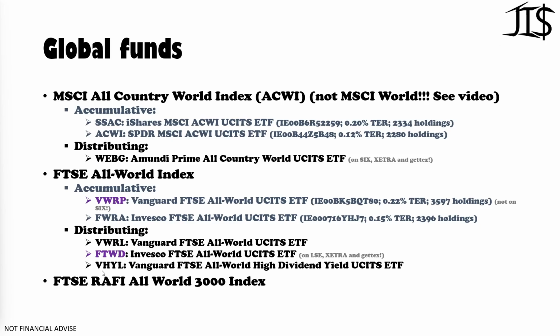And then you also have VHYL, well known on this channel because that's an ETF that my wife and I always buy in our ETF portfolio, and that's the Vanguard FTSE All World High Dividend Yield UCITS ETF. And then for the FTSE RAFI All World 3000 Index, you only have one distributing ETF, and that's the PSRW. And that's the Invesco FTSE RAFI All World 3000 UCITS ETF.